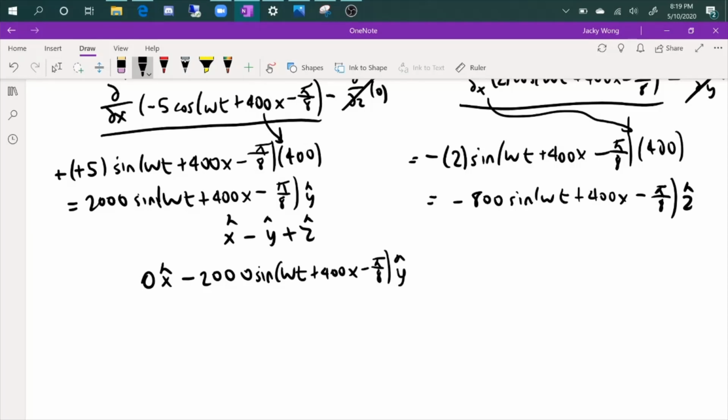Why? Remember that this minus comes from there. Plus negative 800 sine(omega t plus 400x minus pi over 8) in the z direction.